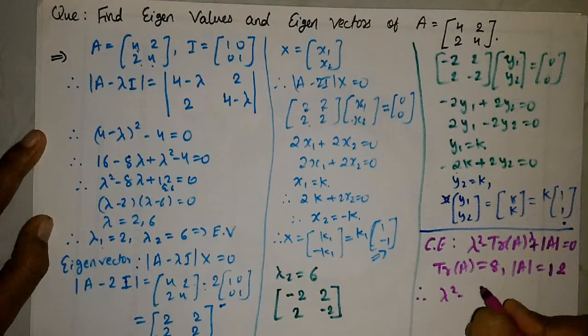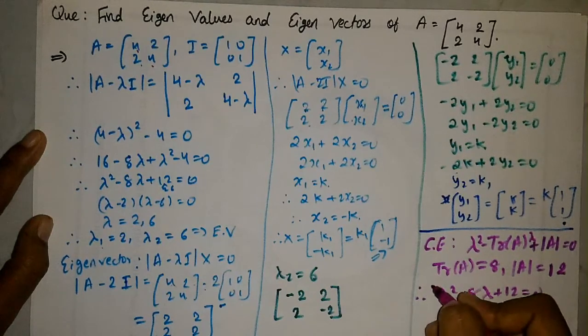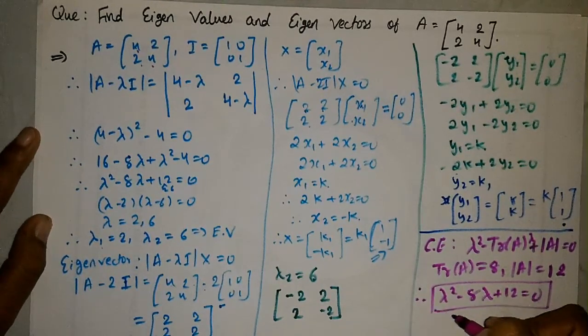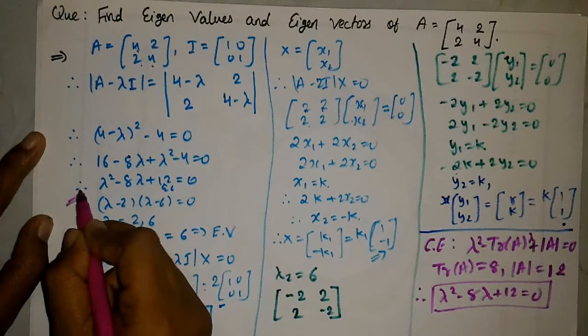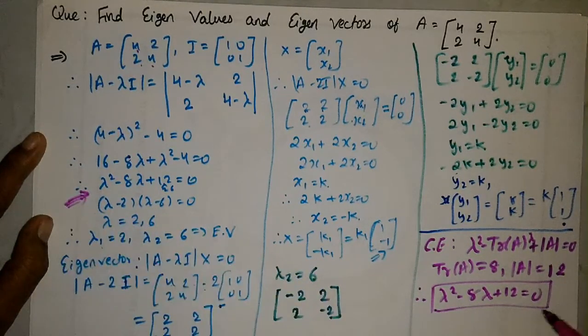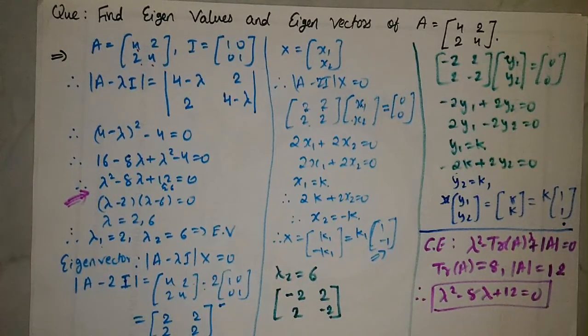Here, trace of A is equal to 4 plus 4, which is 8. Determinant of A is equal to 16 minus 4, which is 12. So it will be lambda square minus 8 lambda plus 12 is equal to 0. This is a shortcut method to find the characteristic equation; this step we can get directly by this method. So this way we can solve.